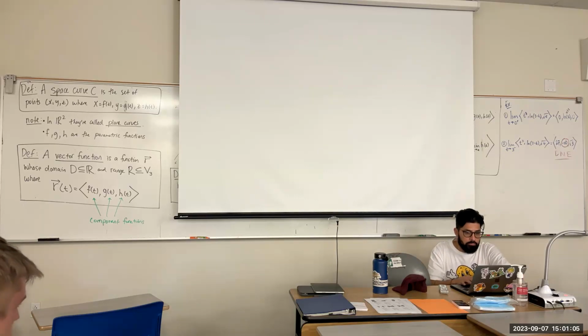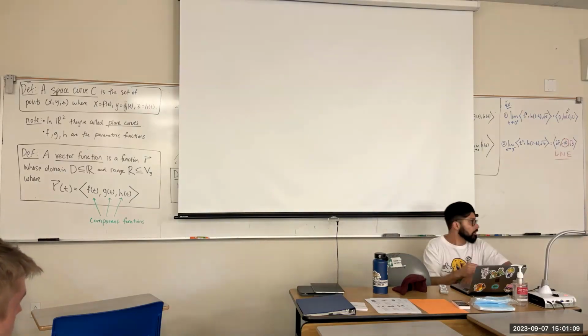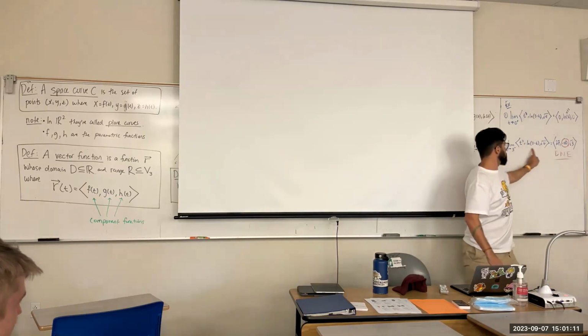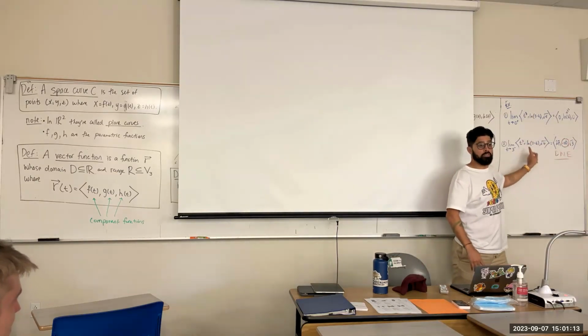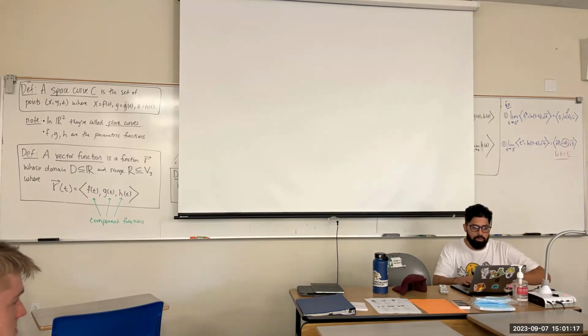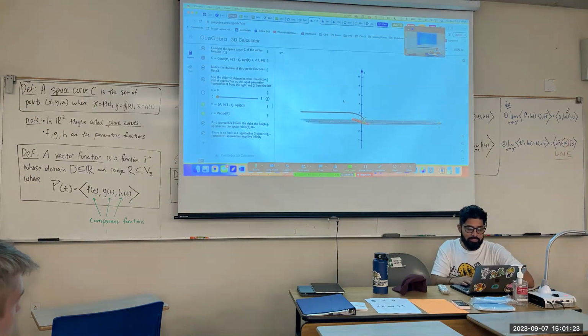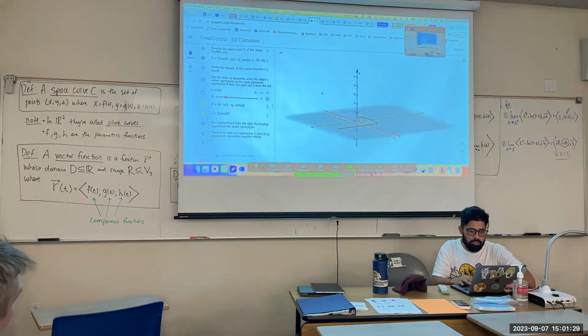So this black curve here is the graph of r of t, the graph of this vector function. The space curve of this vector function is this black curve right here. As t is increasing, there's a vector that's drawing it, that little green vector right there.